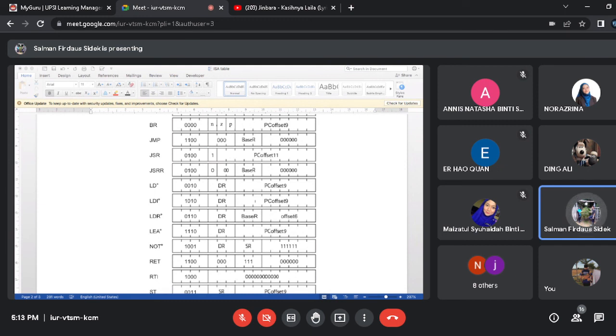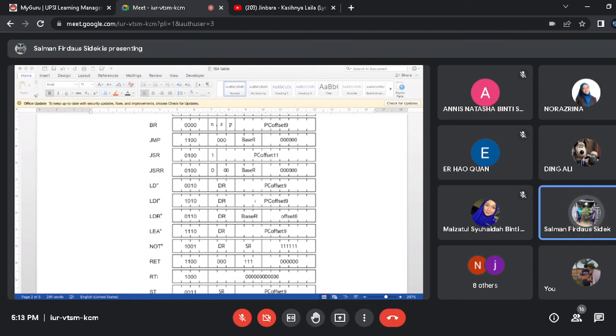So this is how to form an address and register it in the MAR. Next, load the content of that memory location, which is R3 plus 6, to R2.